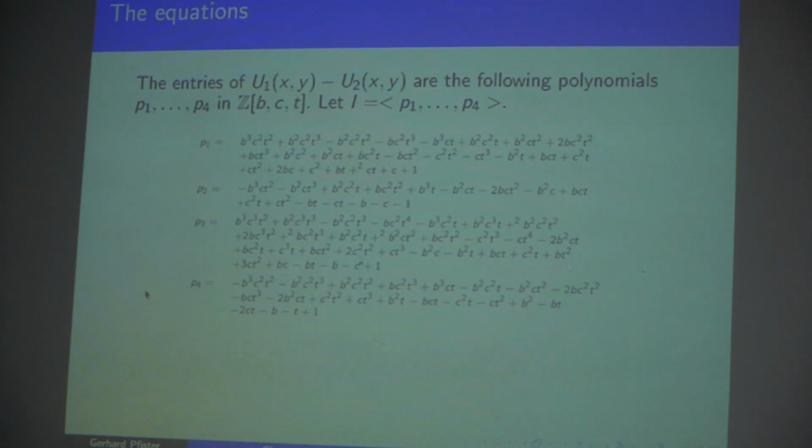Now, the entries of U1 and U2 are matrices, so we have 4 entries, and the equation gives us 4 polynomials that have to be 0. And now we have translated the group theory problem to algebraic geometry. Now we have a system of equations, and we have to prove it has a solution.